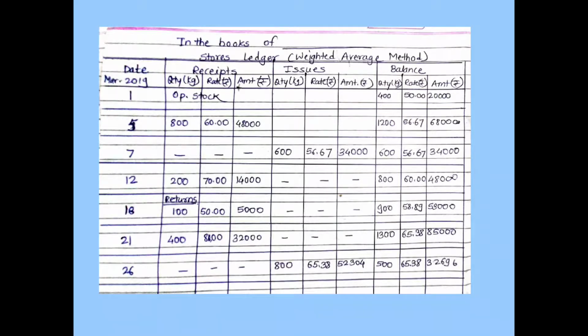The remaining cost is 32,696. Now we will divide this amount: 32,696 divided by 500 is equal to 65.38.